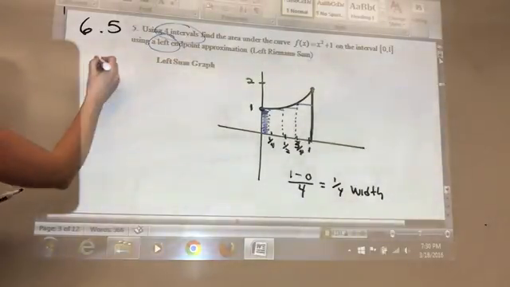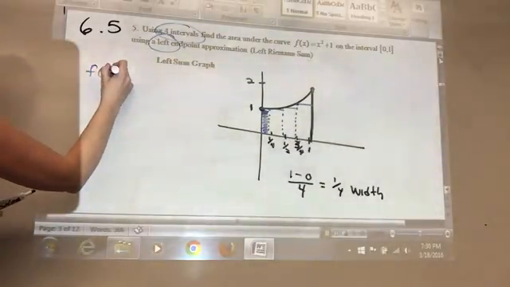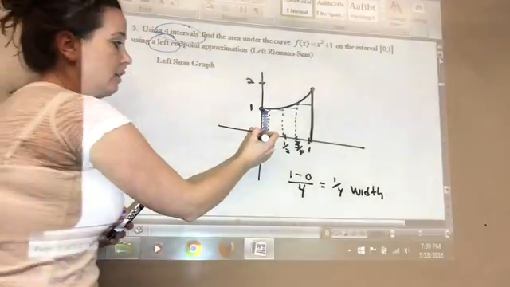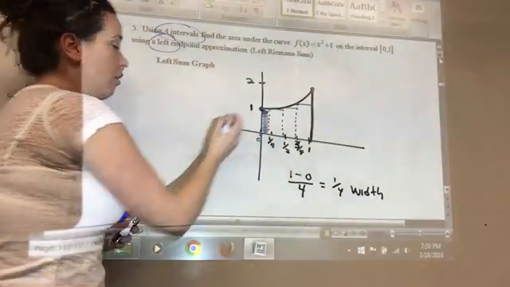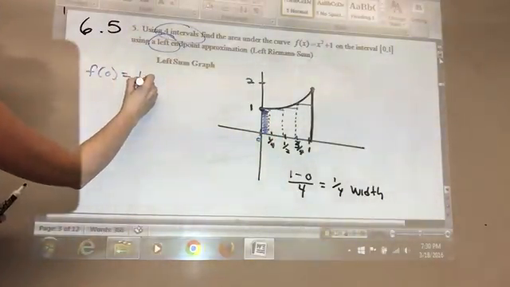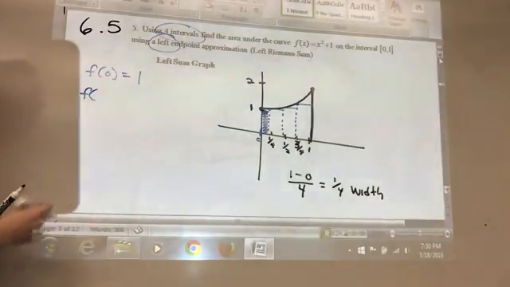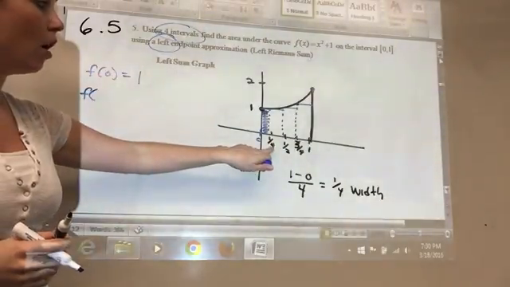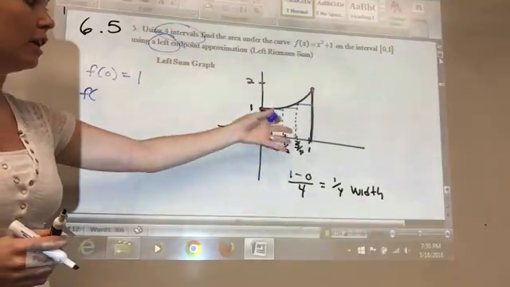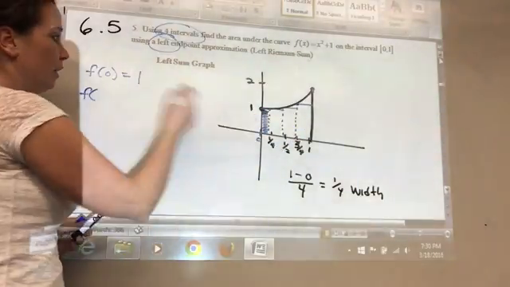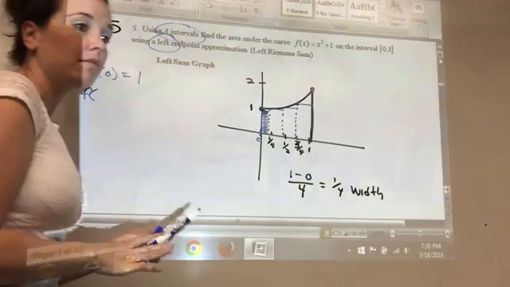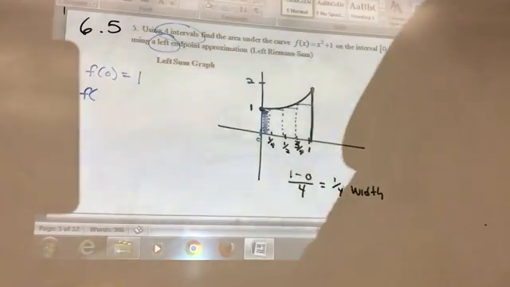So we're going to write f of 0. The height at 0 is equal to 1. Then we're going to list the heights of each of our rectangles. That's the height of the first one.